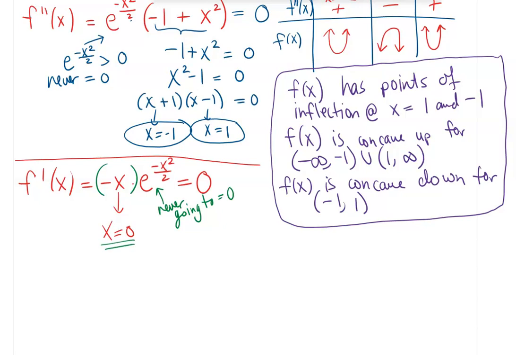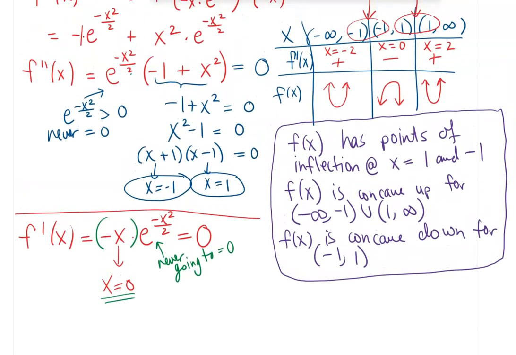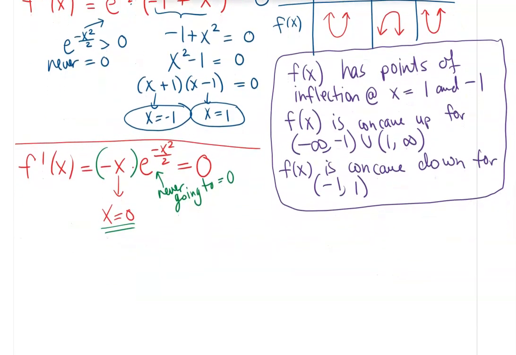So the only potential max or min value for f of x would be when its first derivative is 0, which is when x is 0. So now I have to go over to my concavity chart and notice that when x is 0, that was in between -1 and 1, the concavity of f is concave down because the second derivative was negative.